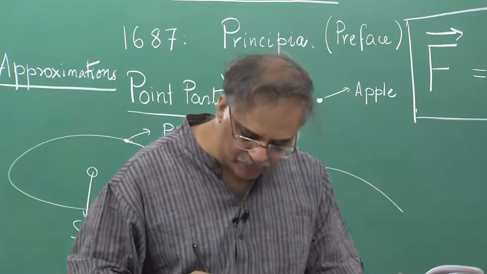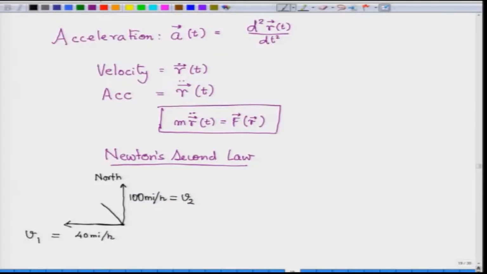So, basically to me it will appear on the ground as if the plane is moving in a slightly westward, northwestward direction, which is given by the vector V1 plus V2.